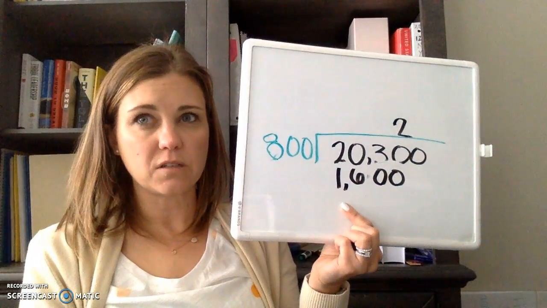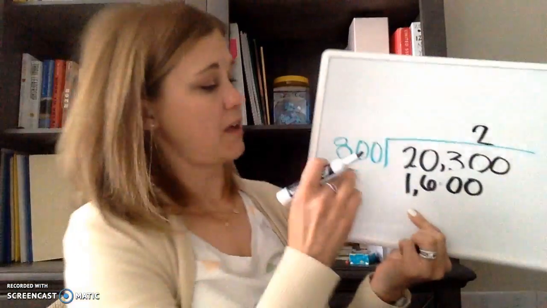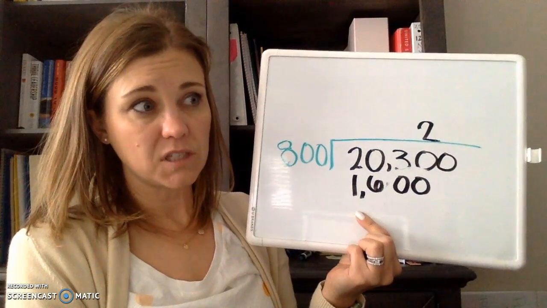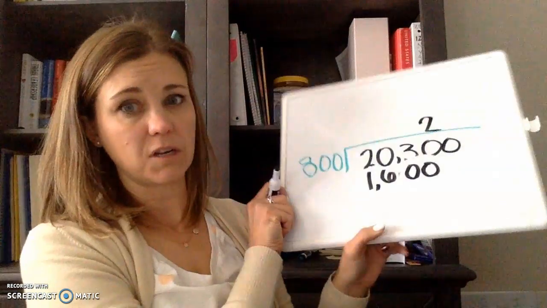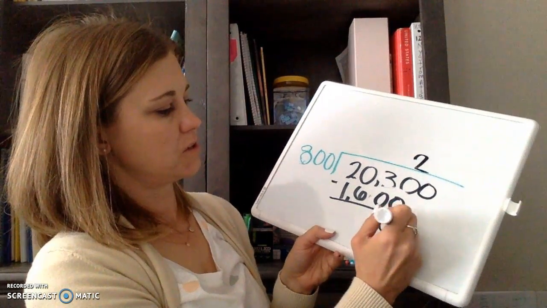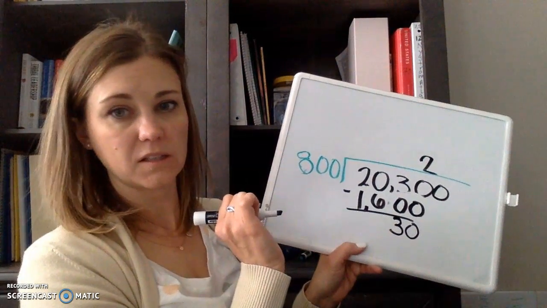And then I put, I think I said this right. See, I need you guys here. I have 800 times 2. 8 times 2 is 16, plus I add those 2 zeros, so I have 1,600. I'm going to do my subtraction now. Subtract that out. I have 0 take away 0 is 0, 3 take away 0 is 3, 10 take away 6.